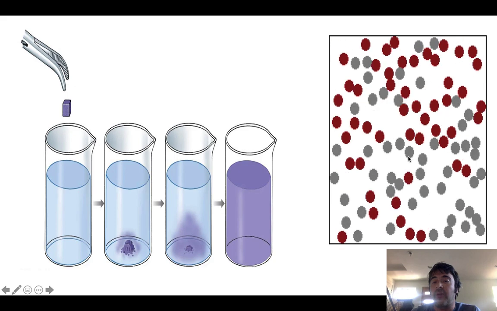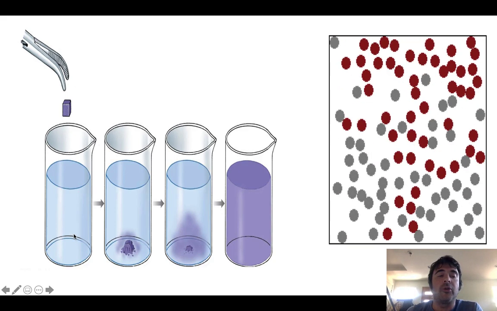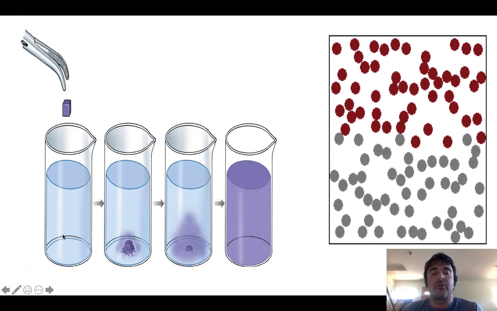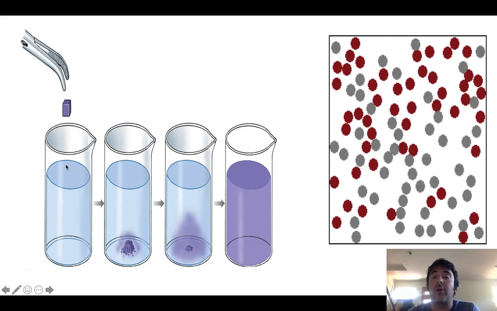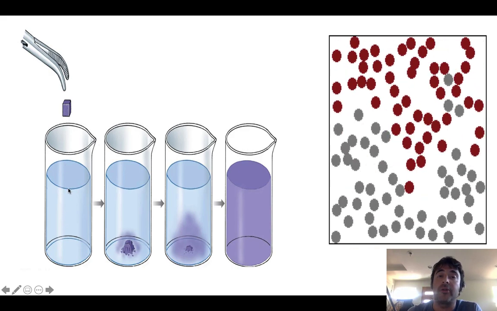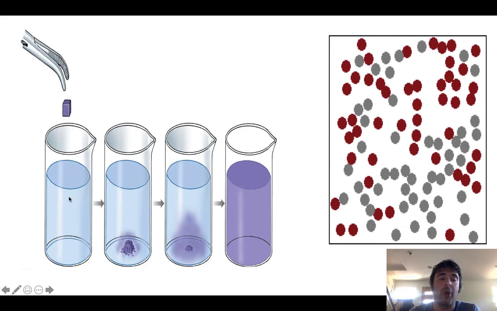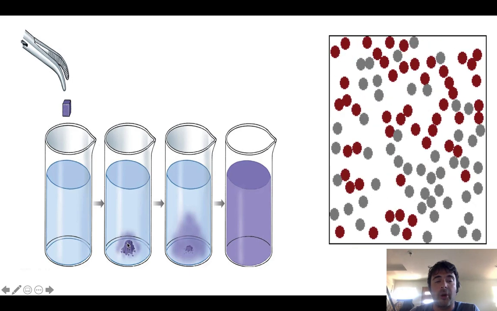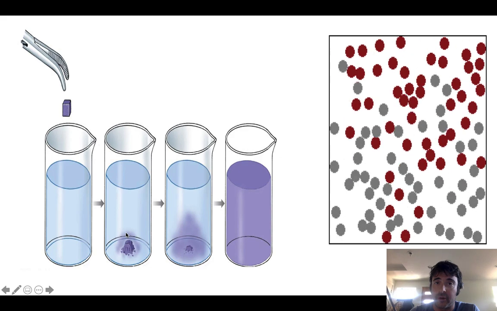And when you think about diffusion, diffusion is really the movement of solute particles, or any particle, but we're talking about solutes and solution chemistry now. Diffusion is the movement of solute particles from areas of high to areas of low concentration. So if you drop this purple sugar molecule into water, as that sugar dissolves, those sugar particles are going to move from areas of high concentration to areas of lower concentration.